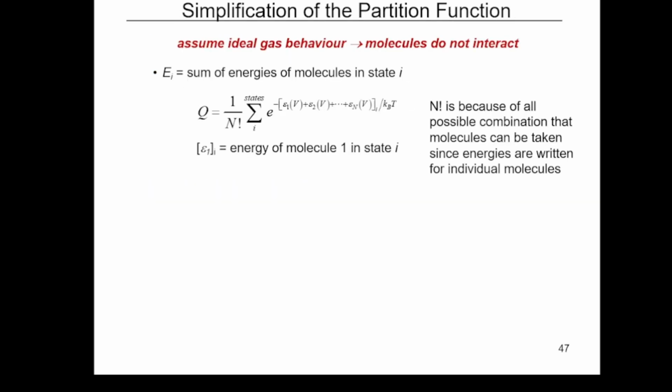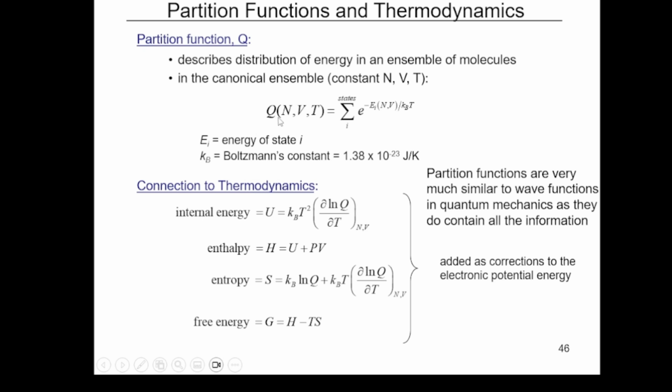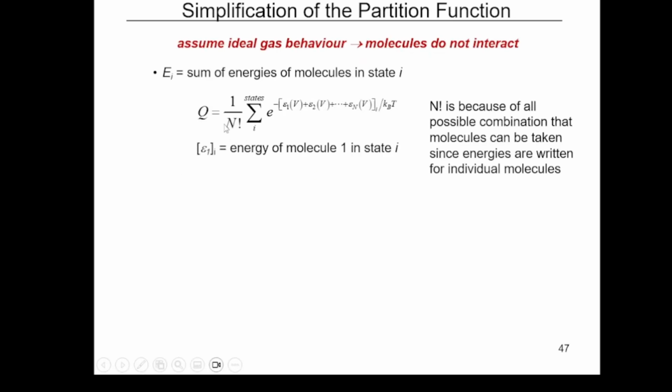Now, we know that the partition function on the previous slide is a function of the number of moles, volume, and temperature, and that is given by e to the power minus Ei(N,V) over kBT. If you split this energy into individual molecules, you can write it like this.